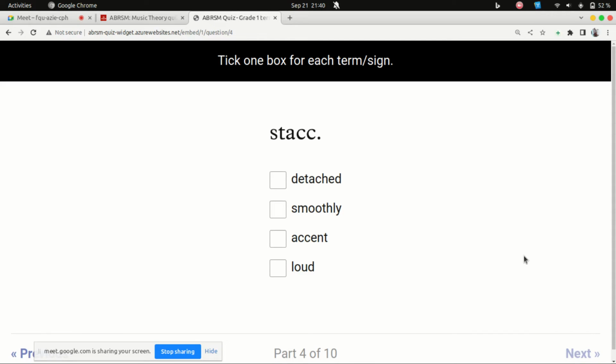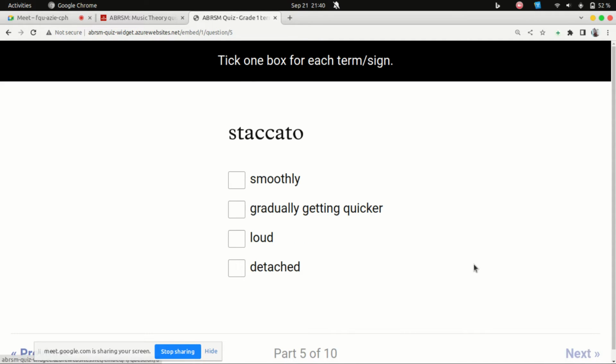Staccato. Detached. Staccato is detached.